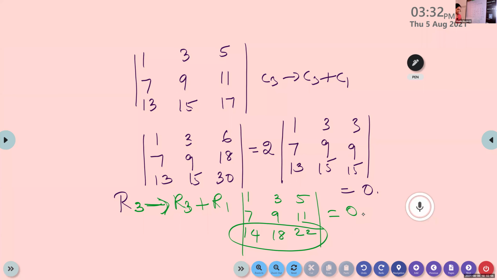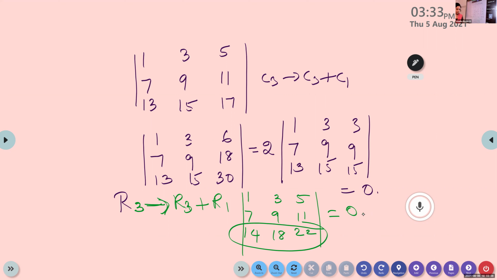Then what about the third one? What is the third one?